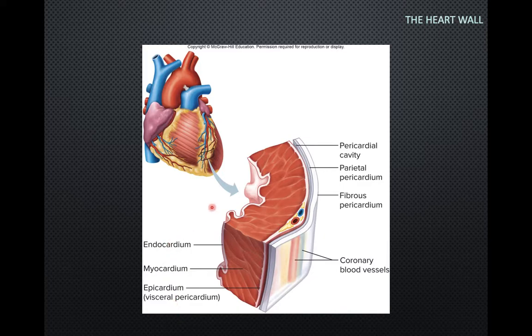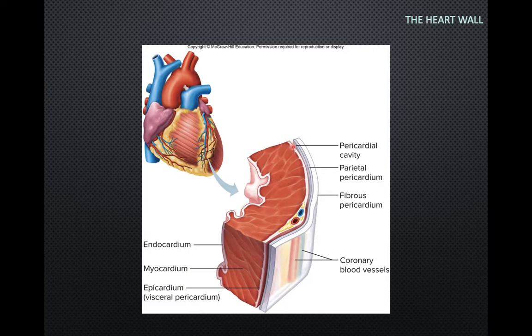Here's the visual of that. Take a little cross section of the heart muscle, and starting from the outermost section, we have the fibrous pericardium. The infold of that is the parietal pericardium. Between that and the visceral pericardium is the serous cavity, or the pericardial cavity, filled with serous fluid.